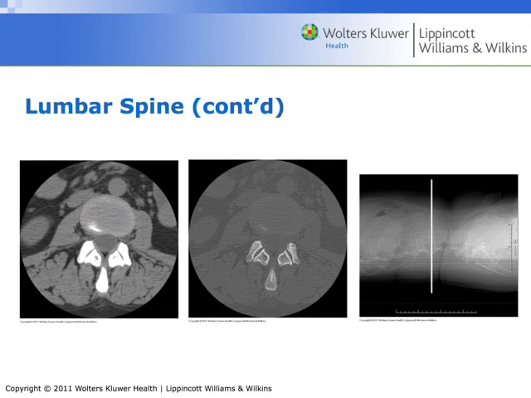Right, and if that's the case, these are articular processes. This is the L2 spinous process extending down. Erector spinae muscles. Psoas muscles.